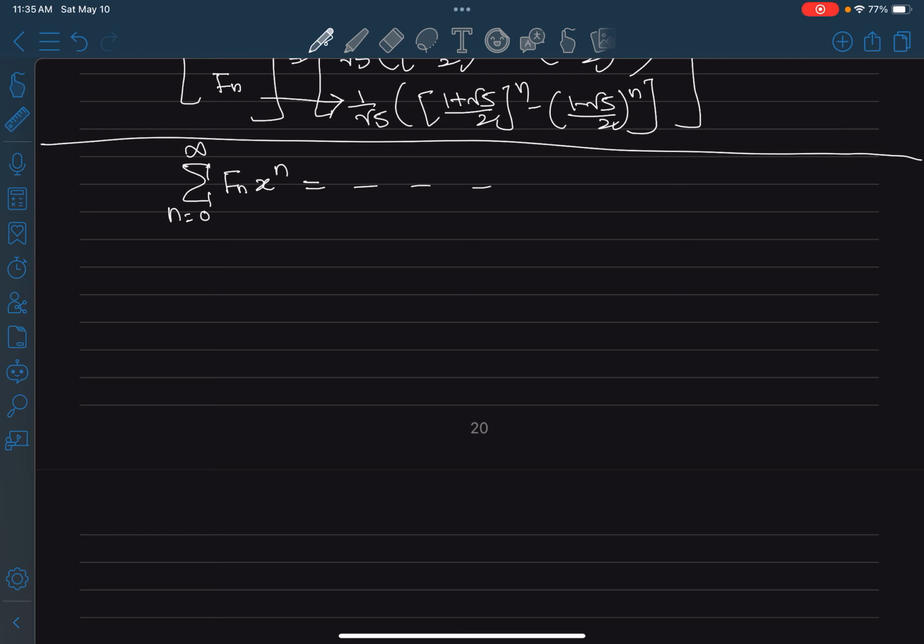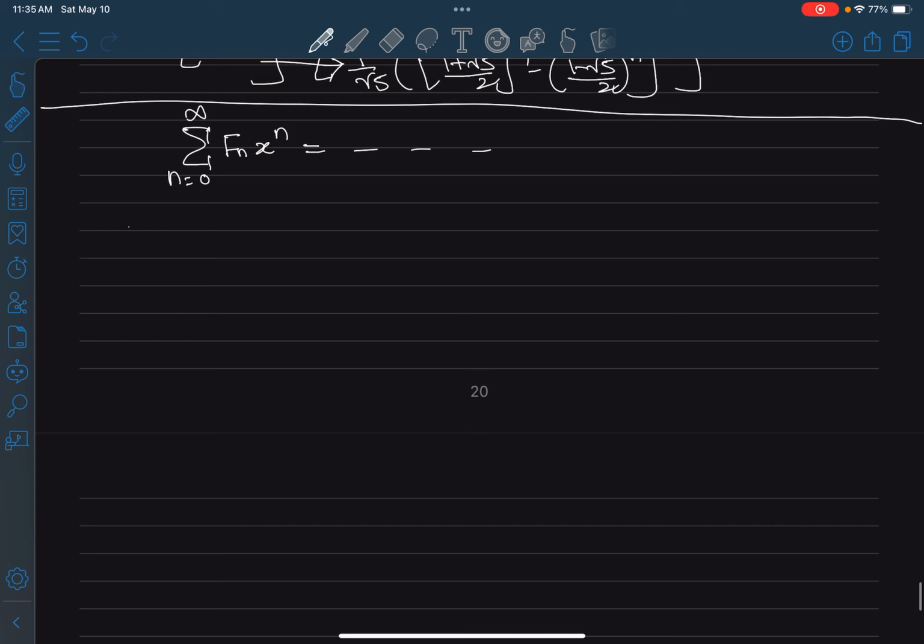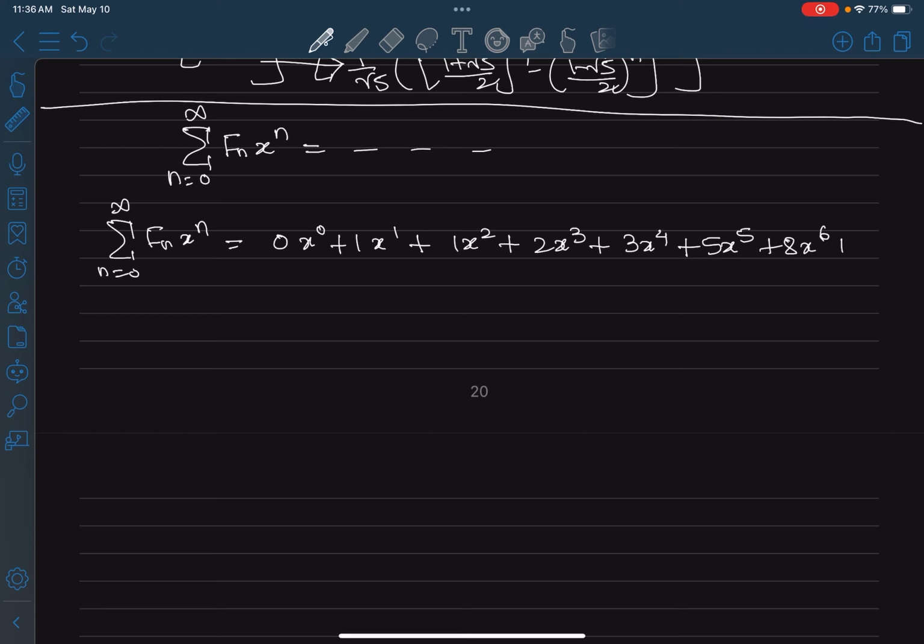We know that f(0) is just 0. So this sum is 0x to the power 0 plus 1x to the power 1 plus 1x to the power 2 plus 2x cubed plus 3x to the power 4 plus 5x to the power 5 and then 8x to the power 6 and 13x to the power 7 and so on.